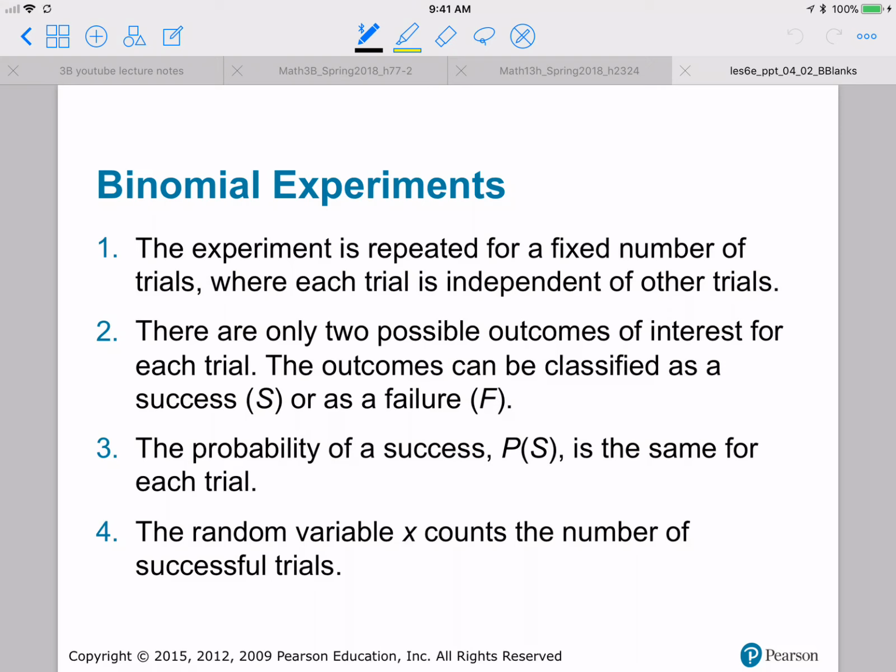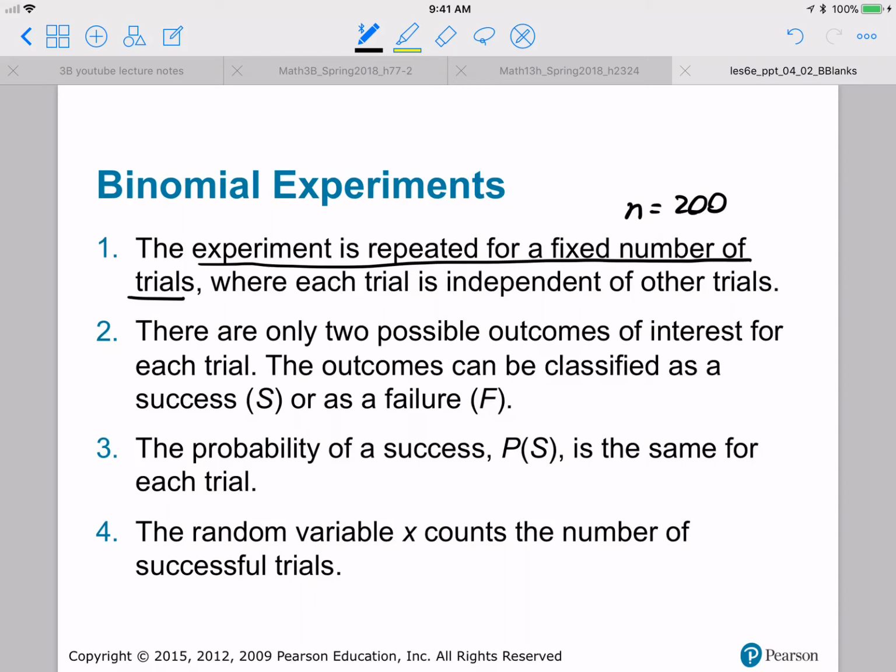In this example, we would say n equals 200. So your experiment is repeated for a fixed number of trials, where each trial is independent of the other trials. What this means is that what happens to one trial doesn't impact what happens in the other trial.